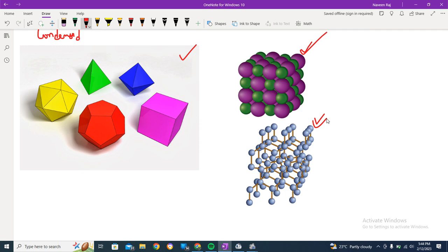In solids the atoms have their mean positions. They cannot move. They maybe can do vibratory motion, but they cannot move from one place to another. They can just move about their mean positions. Like you see in the diagrams, every atom is fixed. This is the case in solids, and this arrangement gives them a rigid structure.